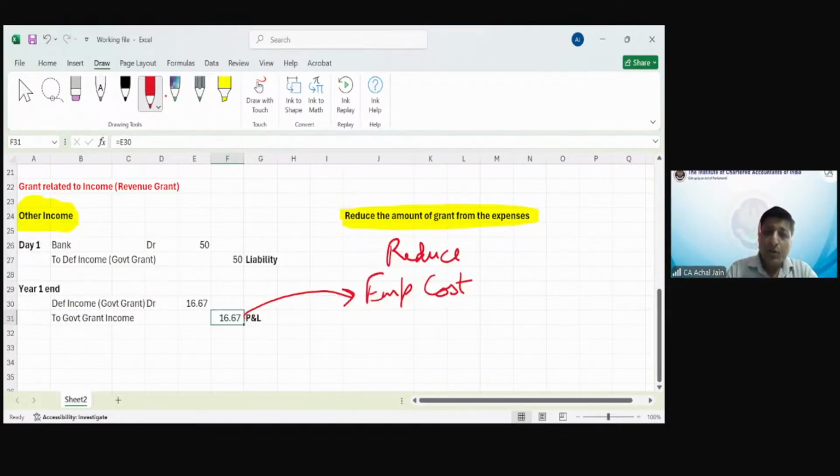So reduction from the expenses means from the relevant expense. You can't just reduce this from any expense. You can't reduce it from costs, depreciation, or printing and stationery expense. From the relevant expense, you will reduce the grant income. So both the methods are there. Either of these methods can be followed by the entity.